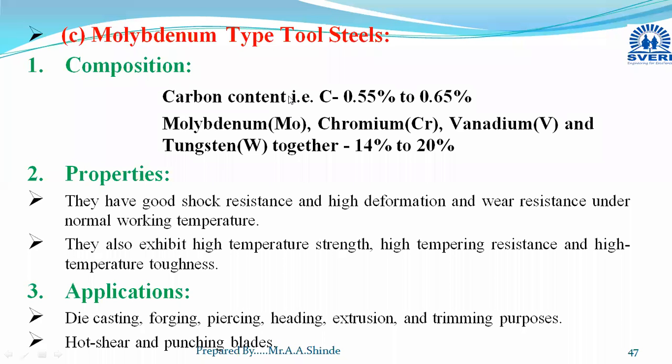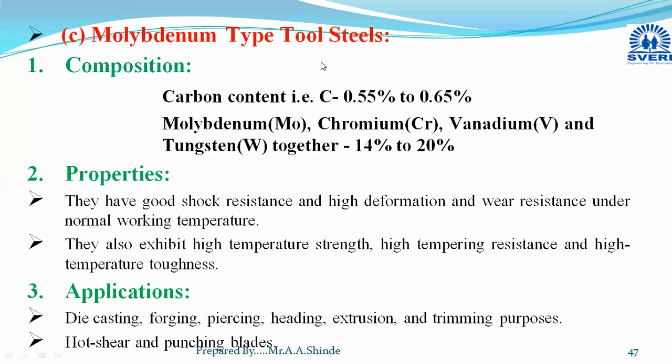The specific characteristics of these molybdenum type tool steels are as follows. They have very good shock resistance. Their wear resistance will be very good under normal working conditions or normal temperatures.